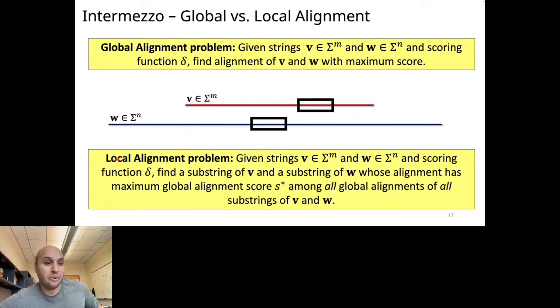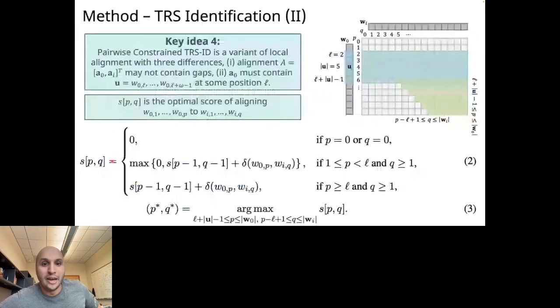So obviously what we're doing here is similar to local alignment, but there are a couple of constraints. We don't want to have any gaps, and we must span U. So you can actually adapt the Smith-Waterman recurrence for local alignment to satisfy these constraints. That's what we did over here.